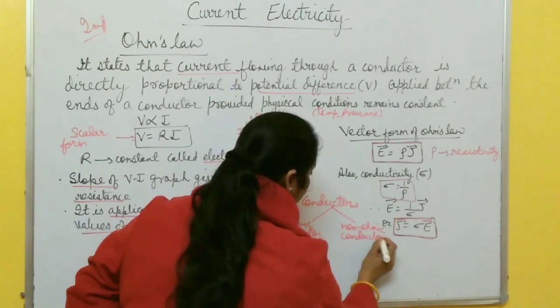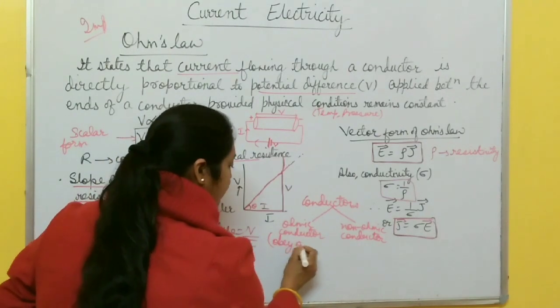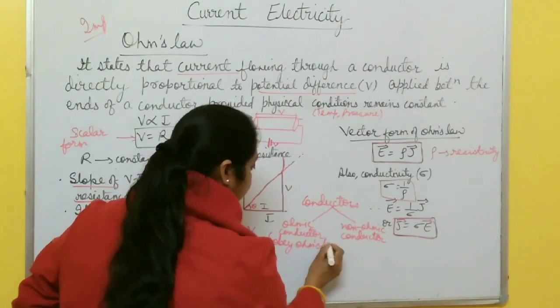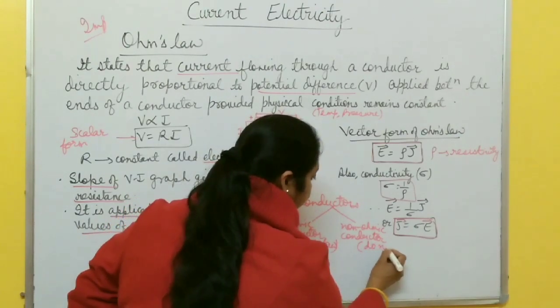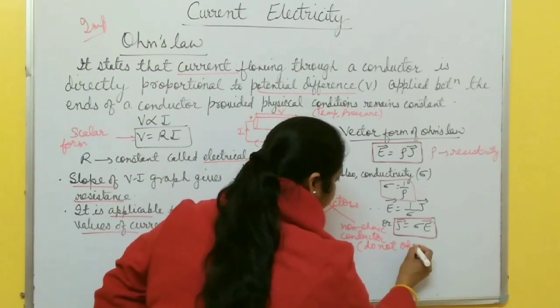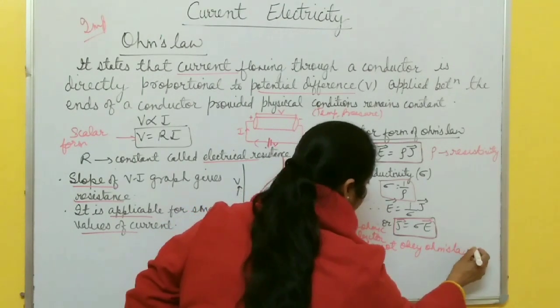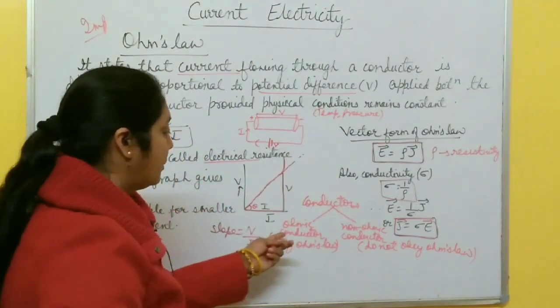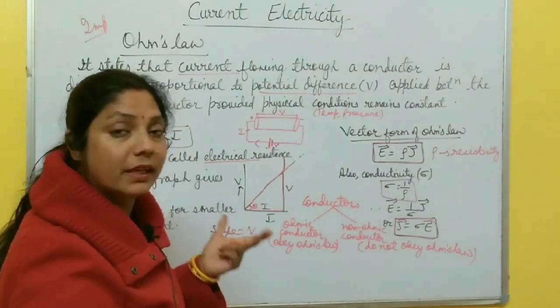Ohmic conductors are those which obey Ohm's law, and non-ohmic conductors are those which do not obey Ohm's law.